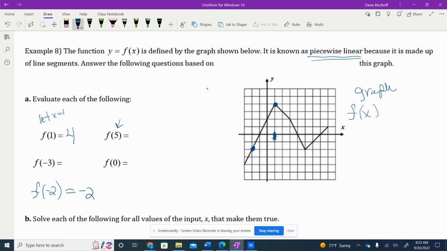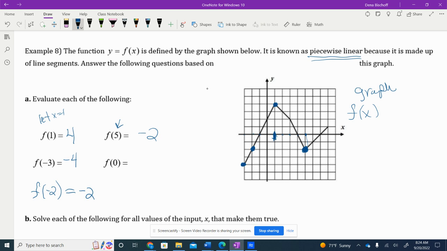Let's see, I'm going to go over 1, 2, 3, 4, 5. When x is 5, the y hits right here, which is what? -2. What about when I let x equal -3? I go back 1, 2, -3, and I find out that it's what? -4.